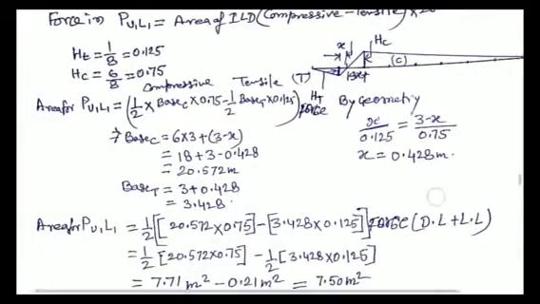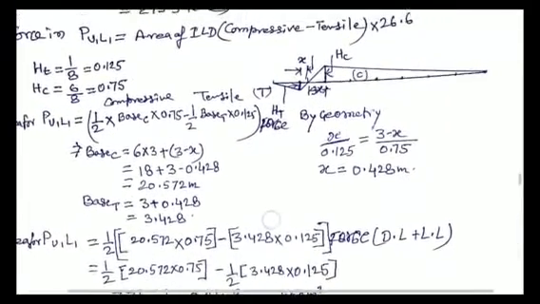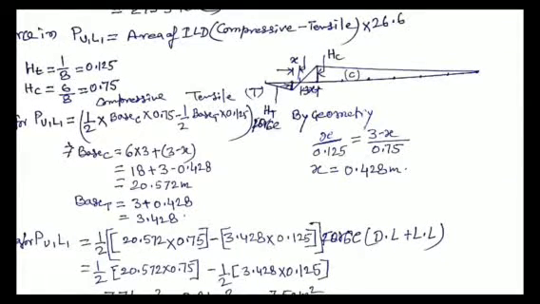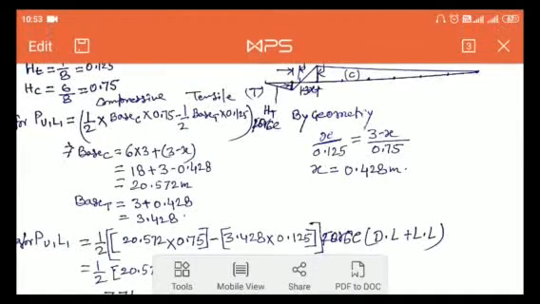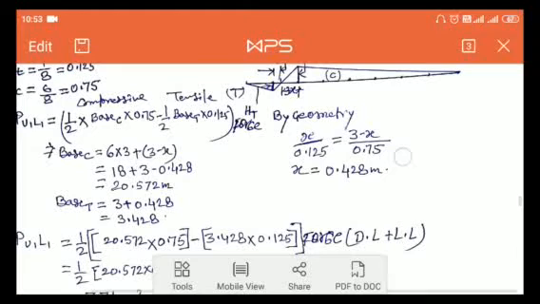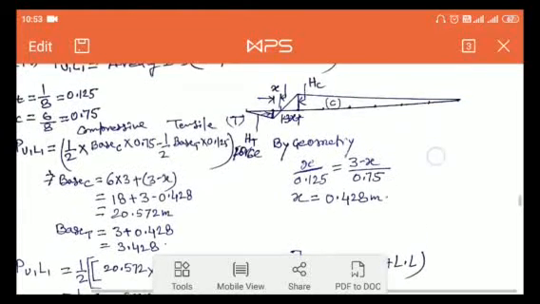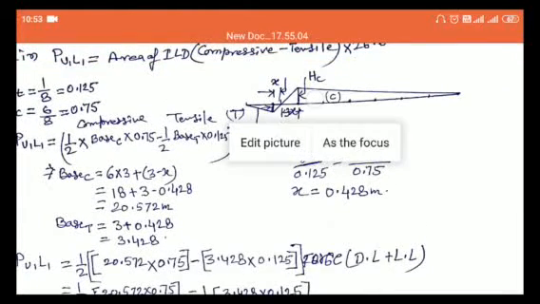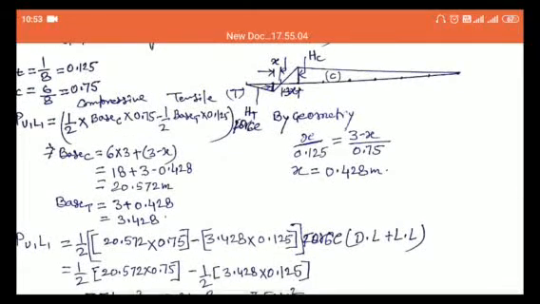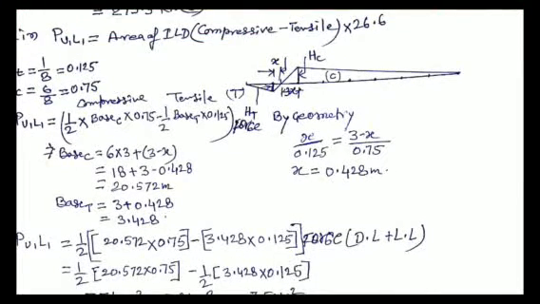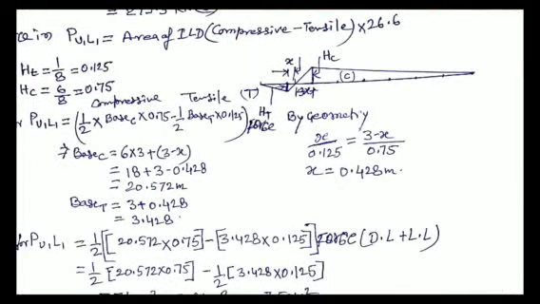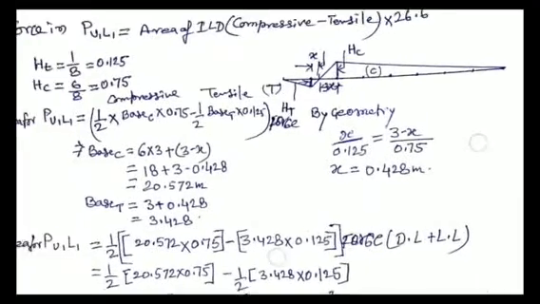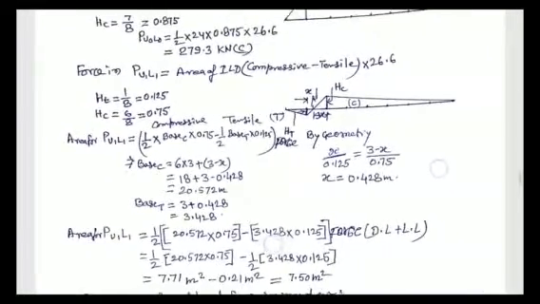So X, this base divided by this height, should be in proportion to this base divided by this height. So X by 0.125 should be equal to 3 minus X divided by 0.75.